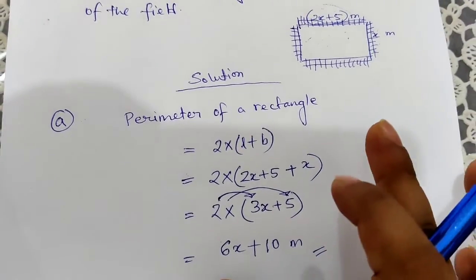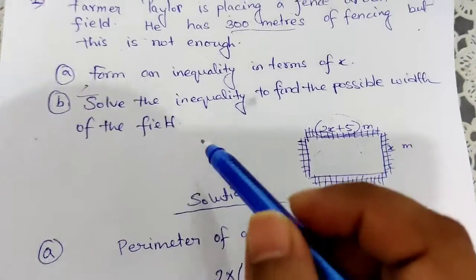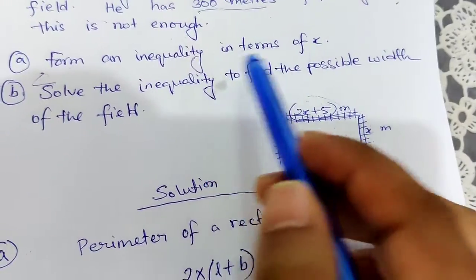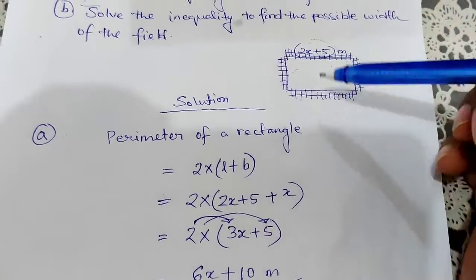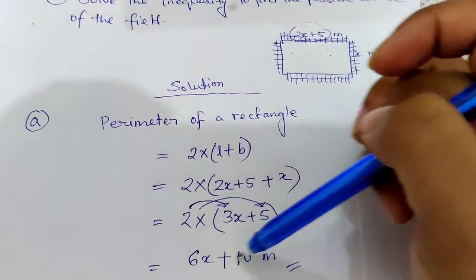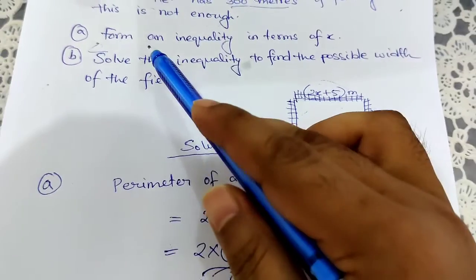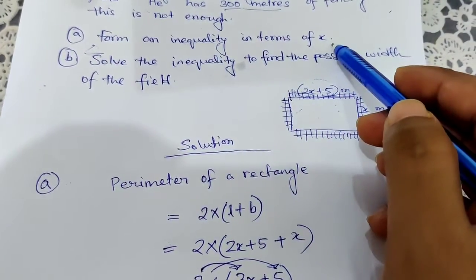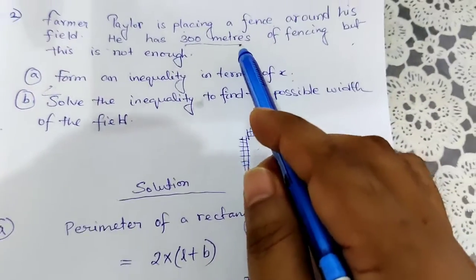Now we have to create an inequality. The question is to form an inequality in terms of x. So this is the perimeter, right? But we need to form an inequality in terms of x. There is another piece of information given.